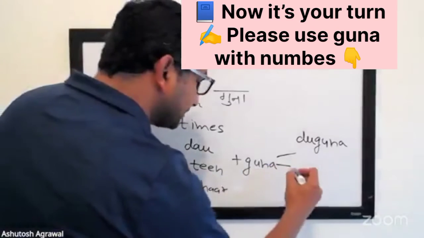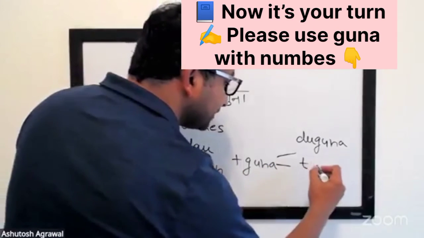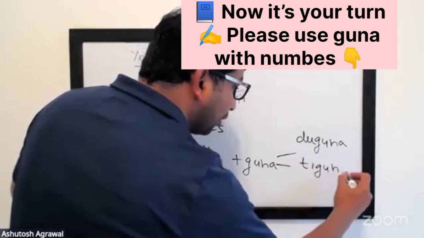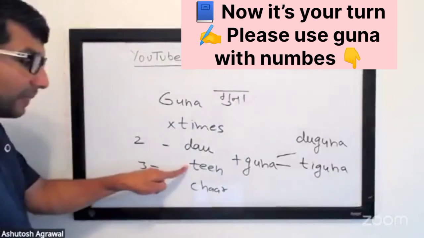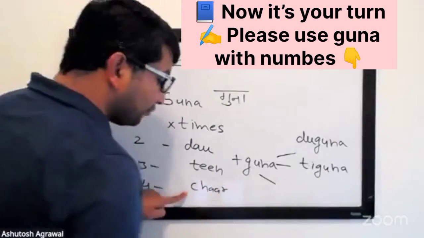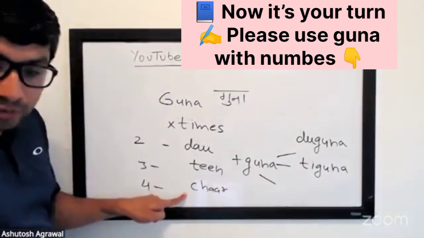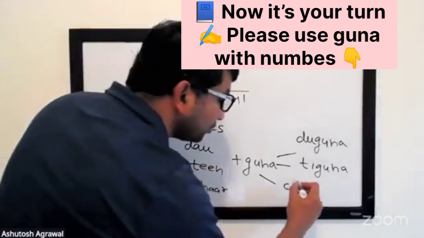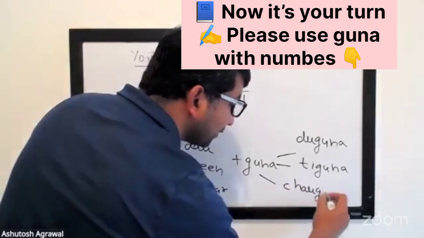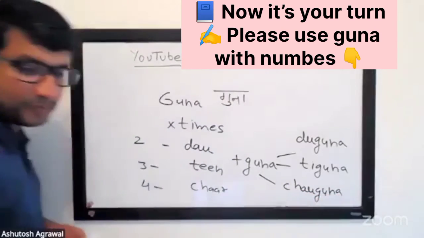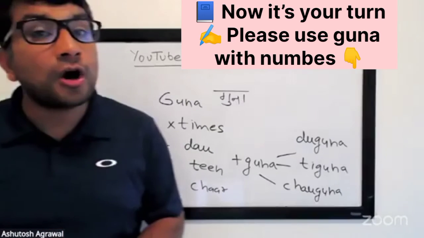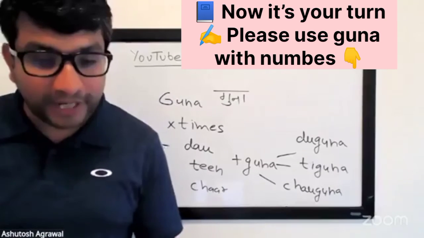Same thing for this. You will hear tiguna or teen guna. For 4 you will hear char guna or chau guna, which means 4 times as much.